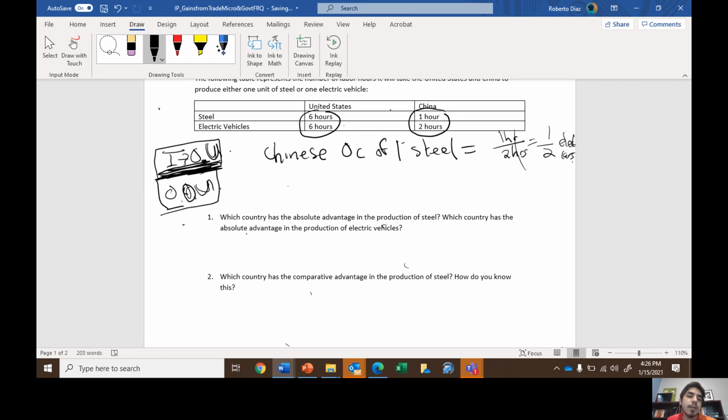The mental trick that I remembered when I was taking principles of economics in college, for output data to find the per unit opportunity cost of a good, I would always put in the numerator what you give up, and then in the denominator what you are producing.